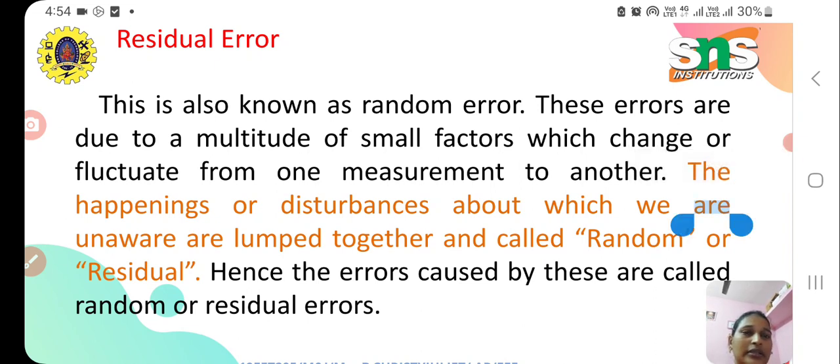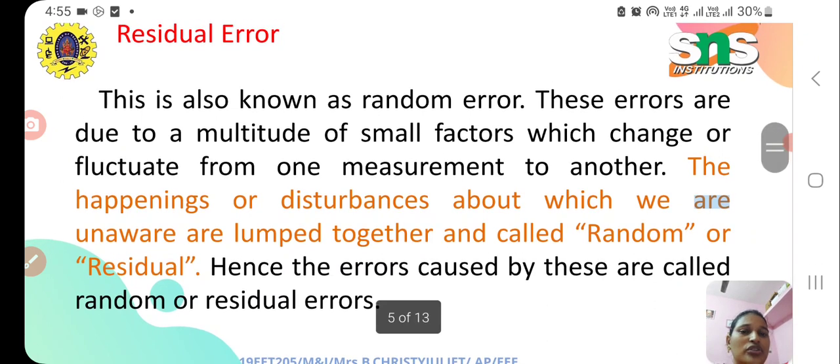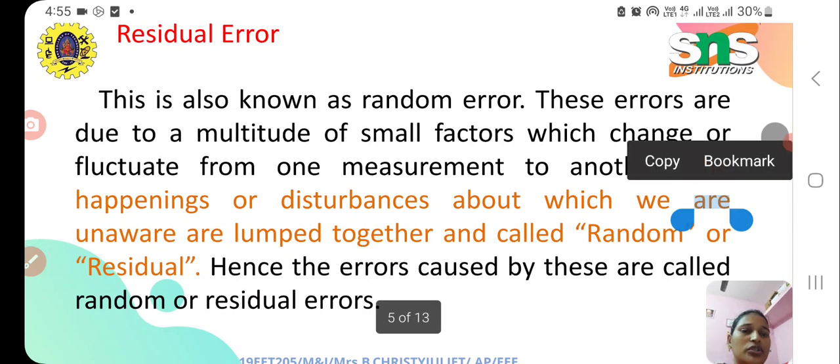And the third one is residual error. Residual error is also called random error. These occur due to a multitude of small factors. So it is not just one error. It is like a gross error which constitutes many small factors that change or fluctuate from one measurement to another.